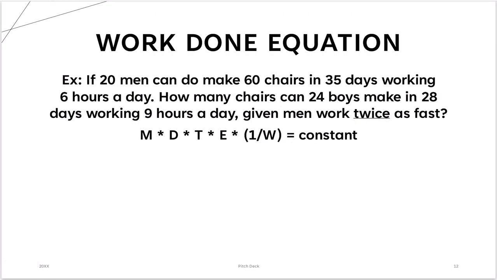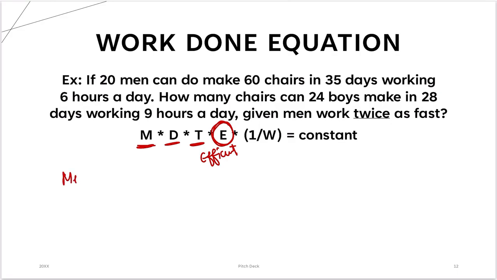Now, next part is efficiency. Men will come in the numerator, days in the numerator, T, the shift size, again in the numerator. This is another part we are adding, that is efficiency. E is efficiency. So the more efficient a person is, the lesser time he will take. The more efficient a person is, the more work he can do, right?